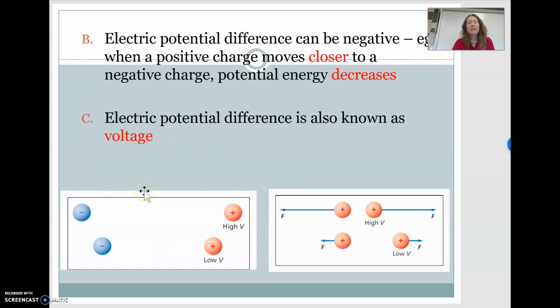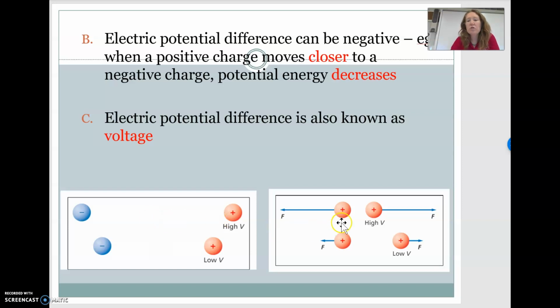So you can see here that with two things that attract, the potential energy or the voltage is higher when they're farther apart, because you're separating them where they don't want to be, and the farther they get apart, the more potential they have, because they would like to be together.